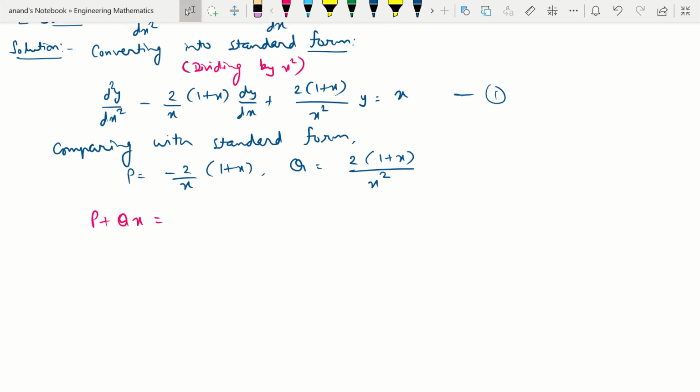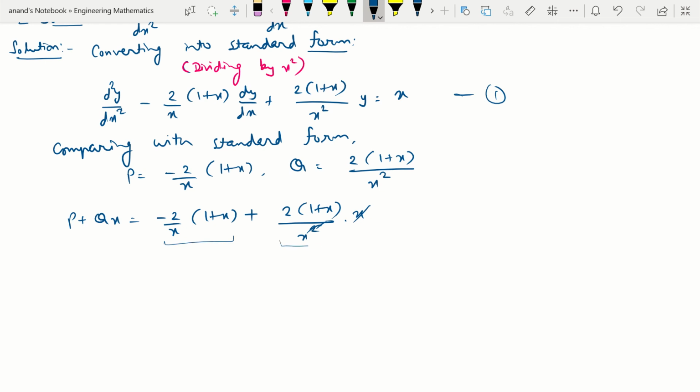So here we will find P + Qx, that means −(2/x)(1 + x) + 2(1 + x)/x² multiplied by x. So we get the same expression with positive and negative sign, so the result will be 0.